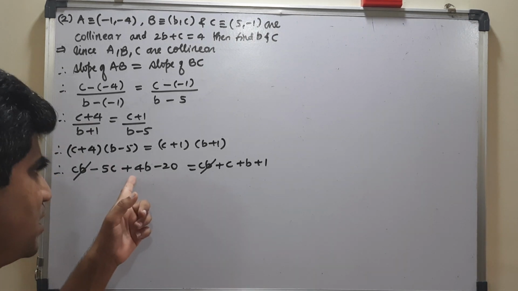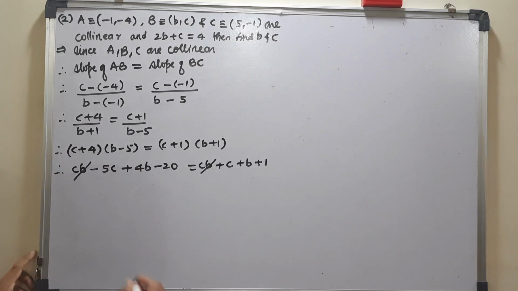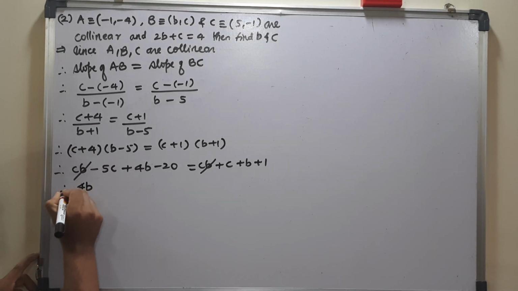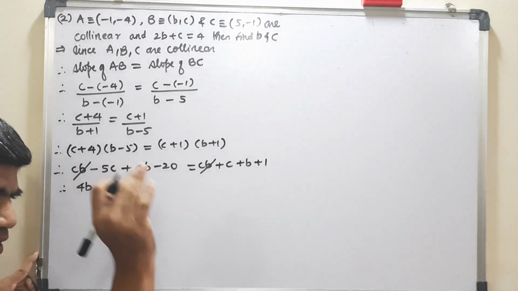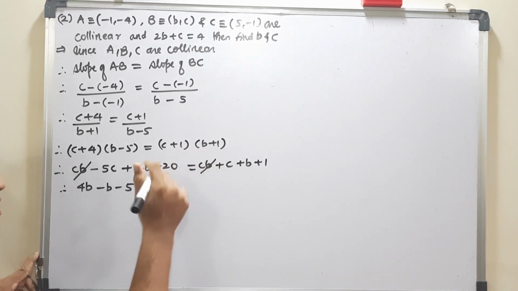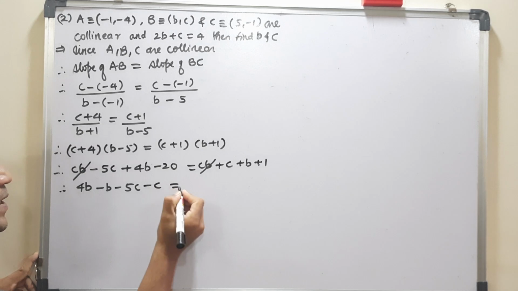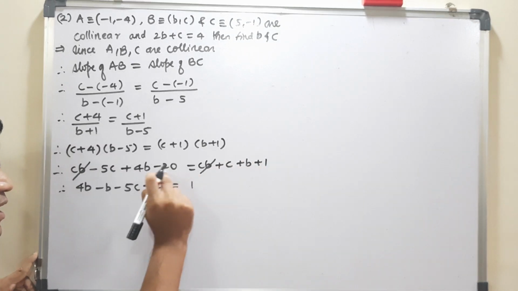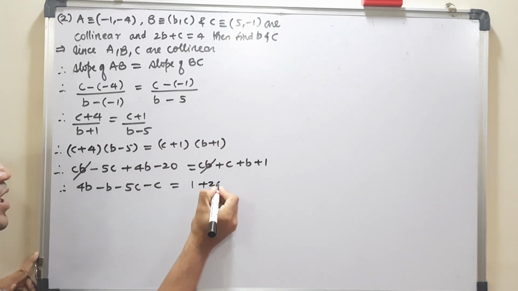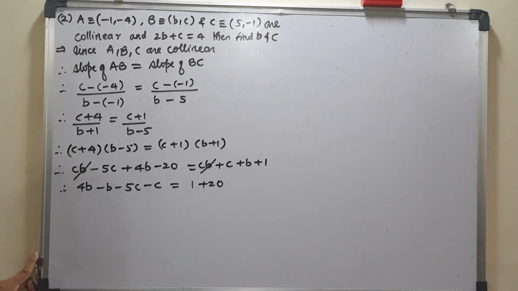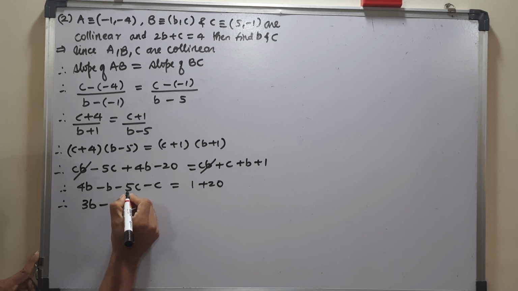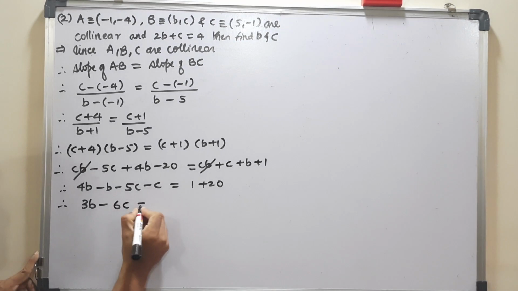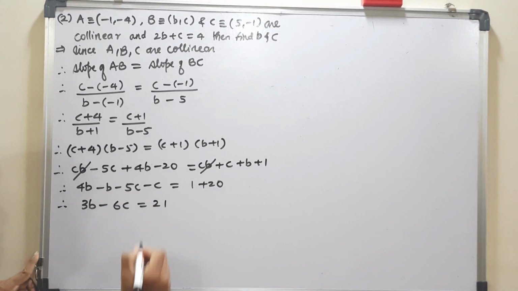So I am taking this B here, so it is 4B minus B. And this minus 5C is already present over here. This C comes here to become minus C, and this 1 was already here. This 20 I am taking that side, so it becomes plus 20. So I get 4B minus B, that will be 3B, 5 plus 1, 6C is equal to 21.